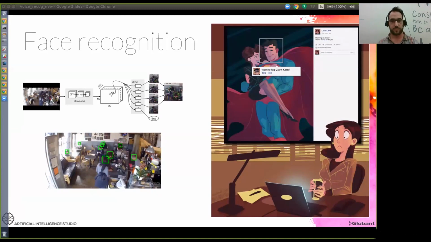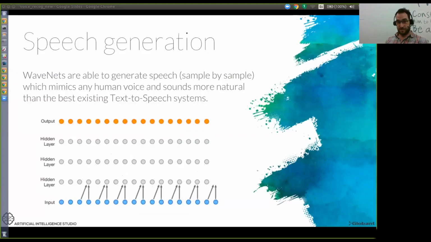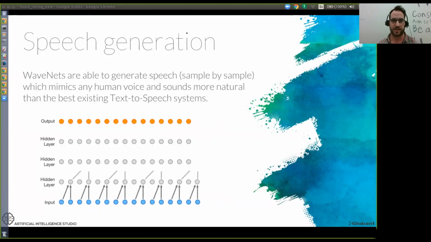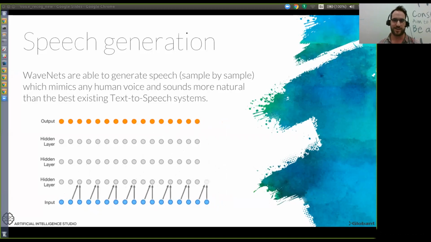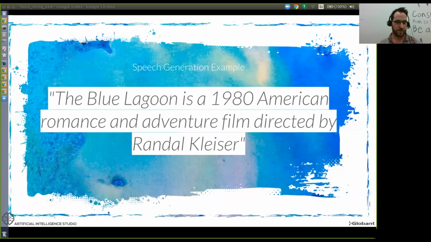Face recognition, and image captioning, so you can have an image and the computer can tell you what is in the image, from image to text. Speech generation, to create stories based on some customized training that you can use. This is an example of speech generation.